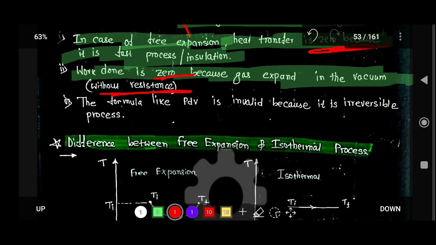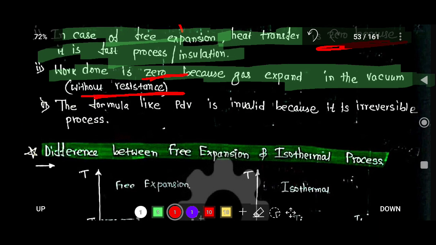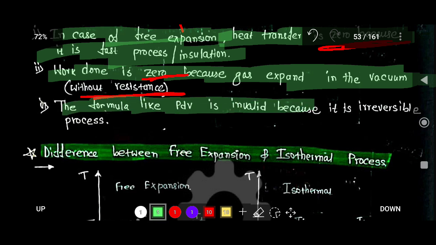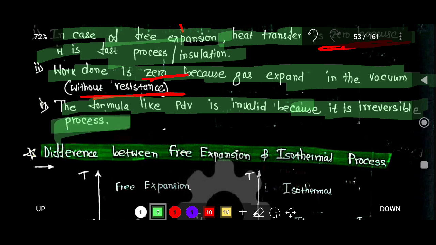The last conclusion is that the formula PdV is invalid because it is an irreversible process.